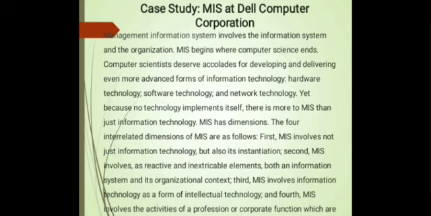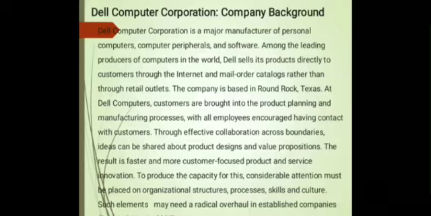A case study, that is management information system at Dell Computer Corporation, has been given for your knowledge. Through this case study, you can know the information technology and its dimensions, and how it supports an organization's decision making process.